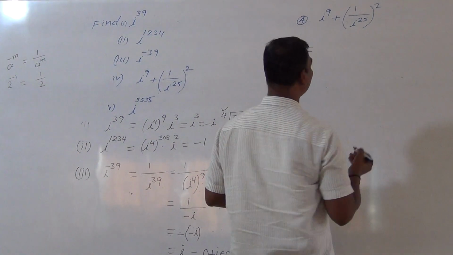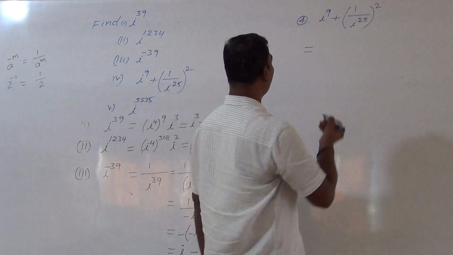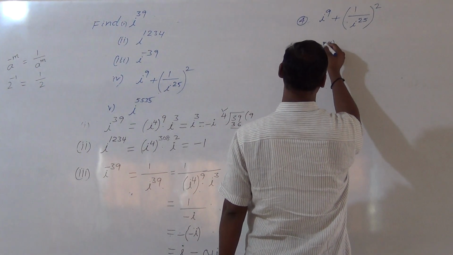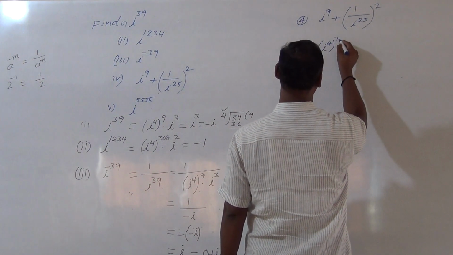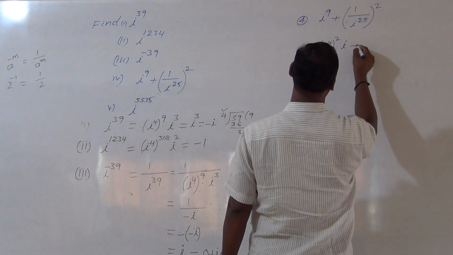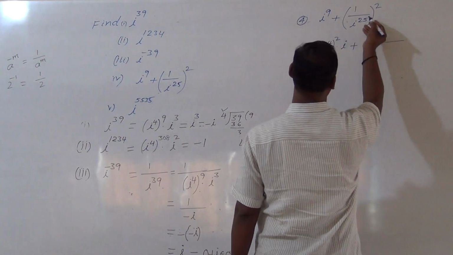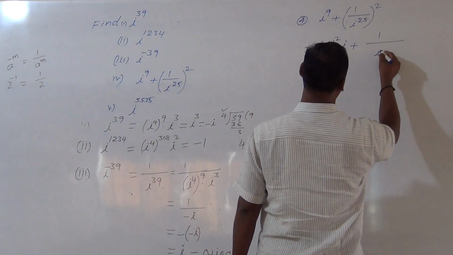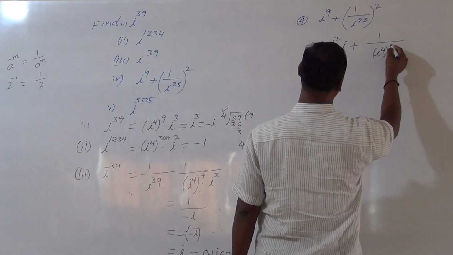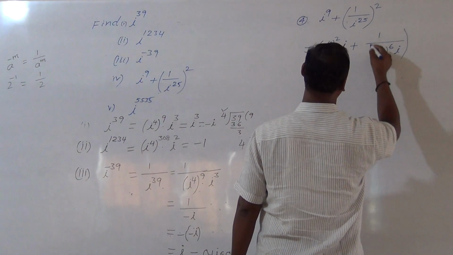Firstly, we have to simplify this value. i raised to 9 can be written as i raised to 4 whole square into i. Then i raised to 25: 6 4s are 24, into i, whole square.